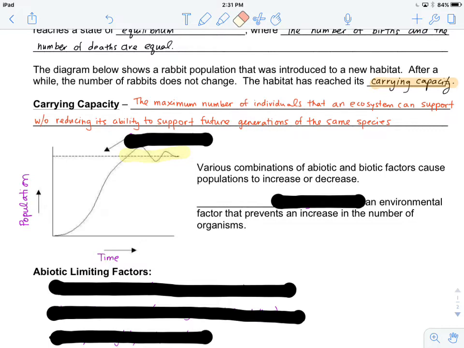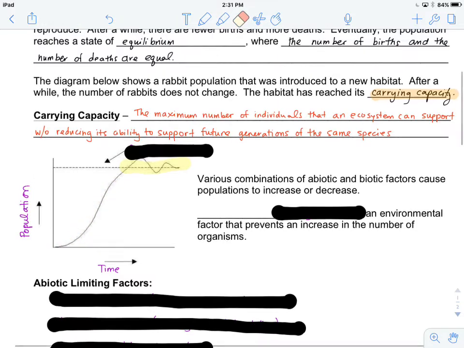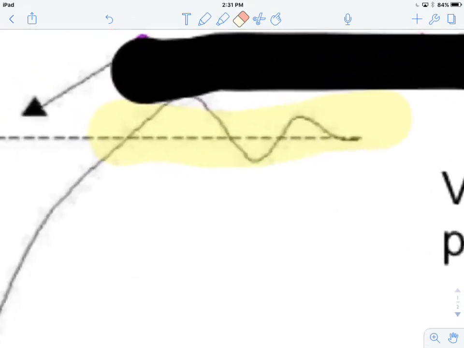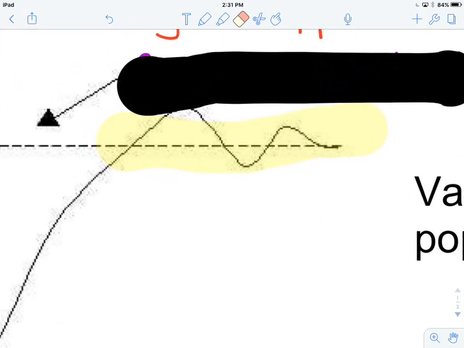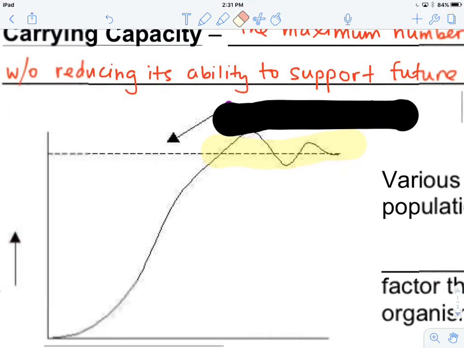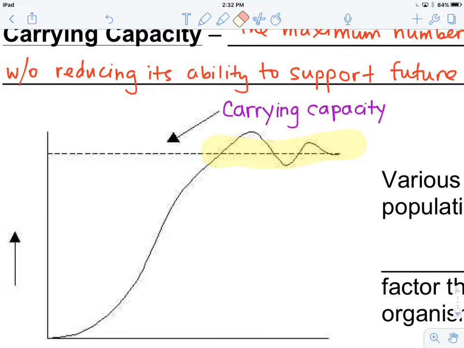And so we'll notice that for a little bit of time, we get the population increasing, but eventually this interesting thing happens at the top, is that the population, if we zoom right in, starts to kind of go up, and then it falls a little bit, and then it goes up, and then it falls a little bit, and basically it wobbles around this dotted line, and this dotted line is what we call the carrying capacity.